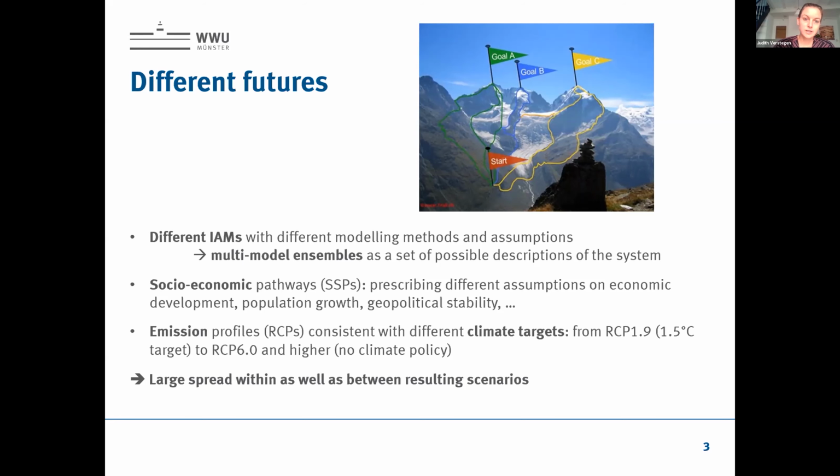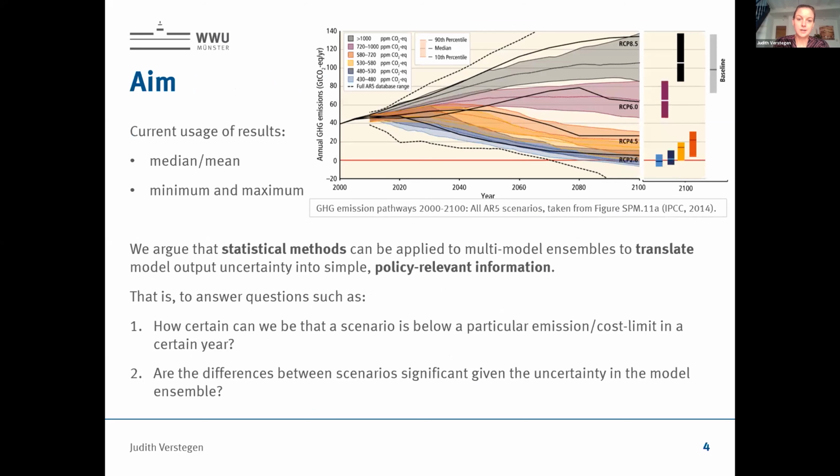So these three aspects together make that there is a very large spread within scenarios caused by the different integrated assessment models, as well as between resulting scenarios. The usage of these ranges is, in our opinion, rather limited at the moment. So many studies mainly use the median or mean of this range and/or the minimum and maximum.